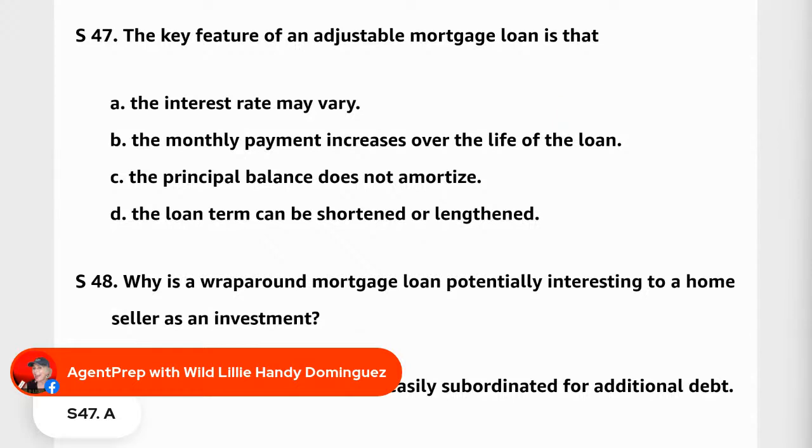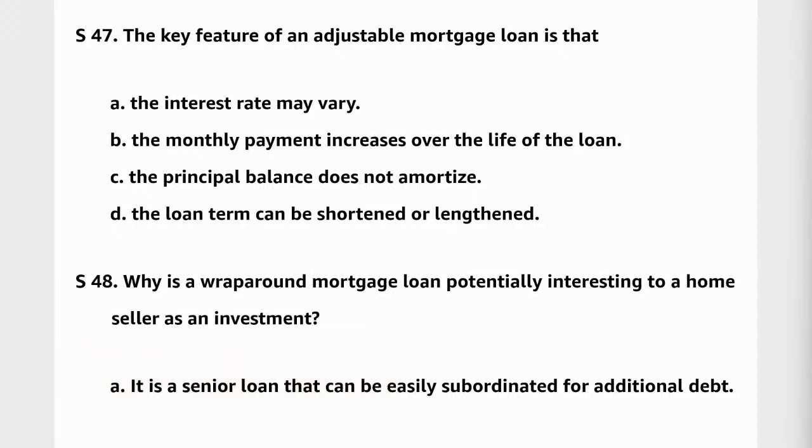Here they call it the adjustable mortgage loan so that they wouldn't give you part of the answer. So the interest rate may vary. Doesn't mean it will, but it may. Sometimes they're fixed for the term of the ARM, or it could vary depending on the market.